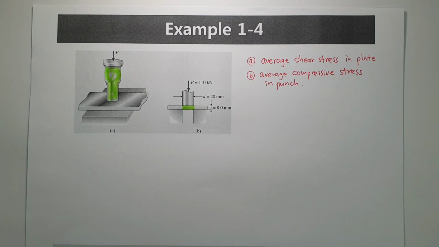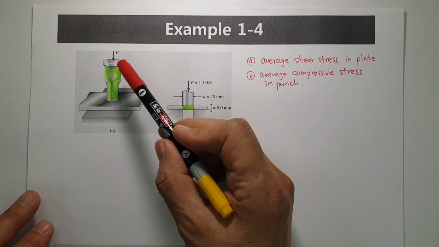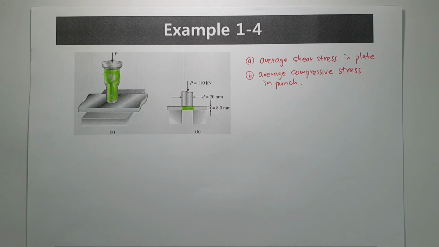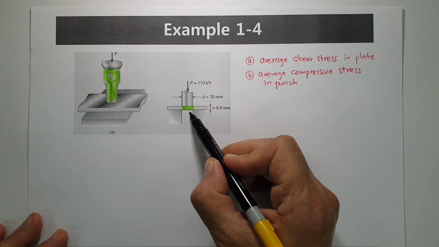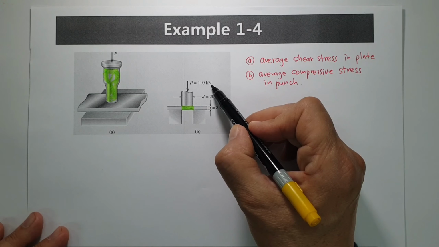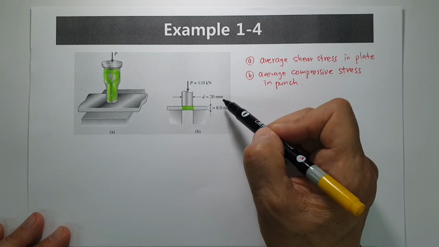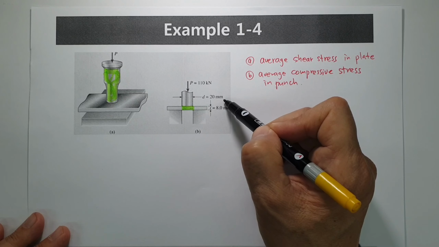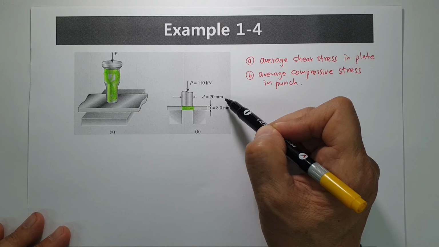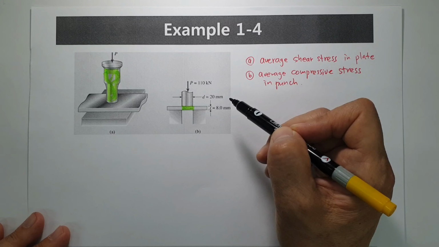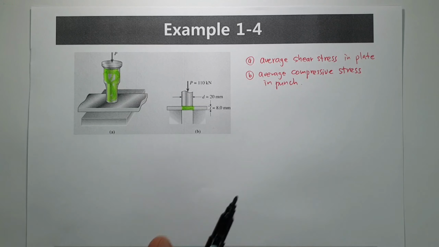With this punch, when you give some external force P like this one, then you can make some hole like this one. External force is given 110 kilonewton, and diameter is 20 millimeter, and this material's thickness is 8 millimeter.